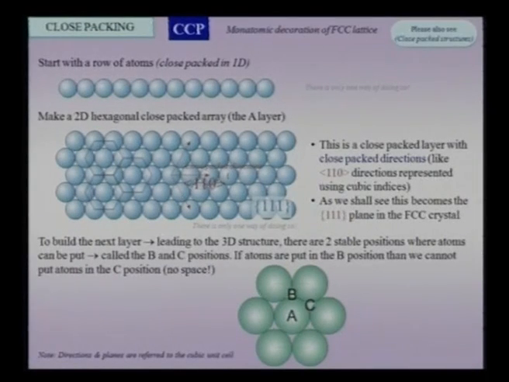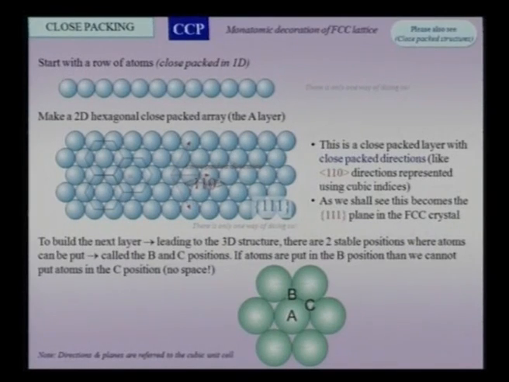Of course, I call it hexagonal because this layer has got hexagonal symmetry, and you can see once the layer has been formed, it has got close-packed directions, and as we shall see later, when you correspond these to the cubic directions, they will be the 110 type of directions. So this is a close-packed direction, this is a close-packed direction, this is a close-packed direction, and this layer has got hexagonal symmetry.